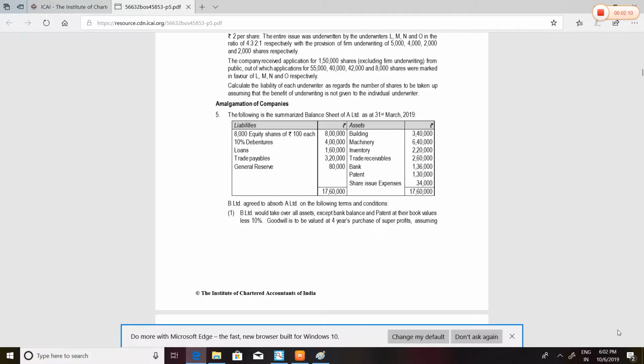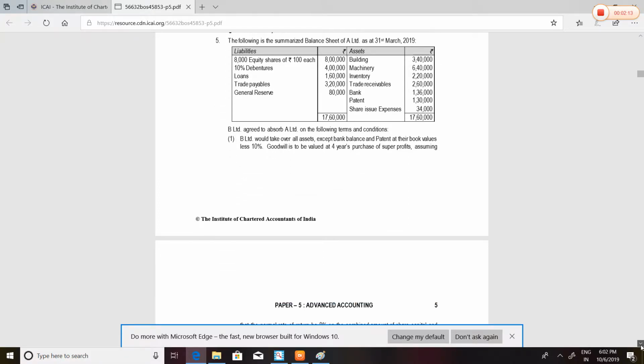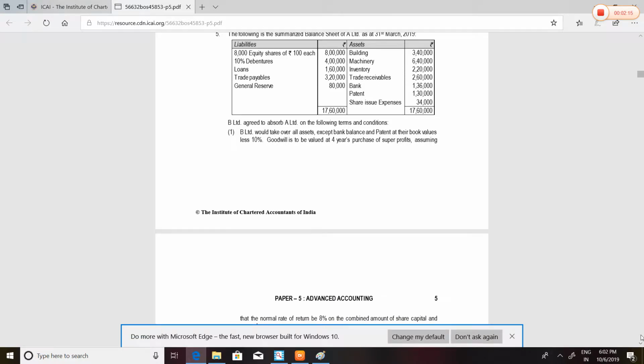B Limited agrees to absorb A Limited on the following terms and conditions. B Limited would take over all the assets except the bank balance and patents at their book values less 10%. That means they're not interested in their bank balance.